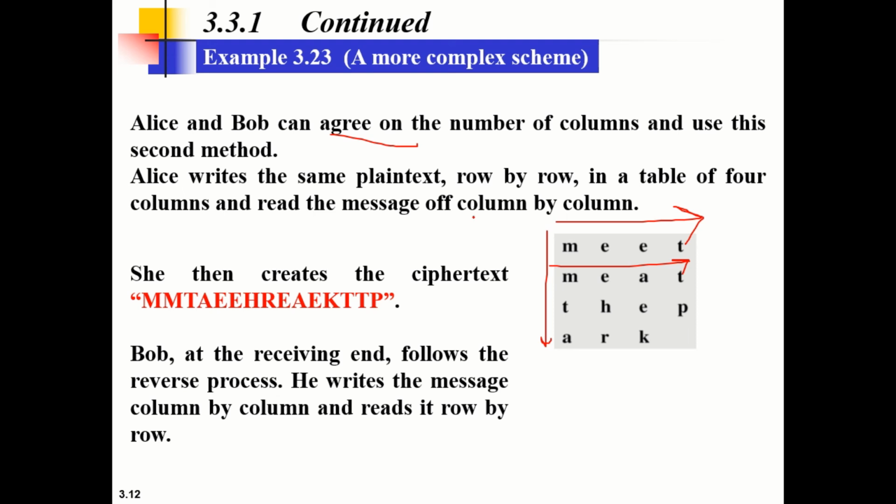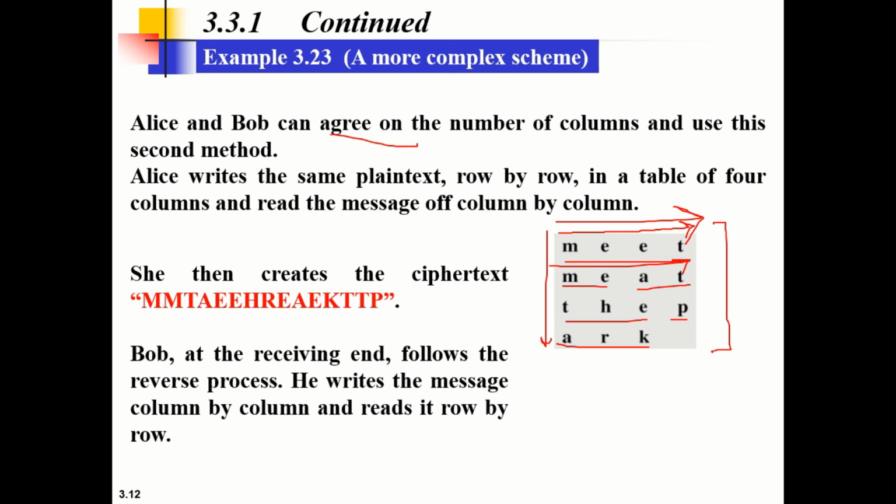So the same message we had, meet me at the park. What we have done over here is we have written the message row by row. So this is meet me at the, so here this is P and this is park. So this matrix we have got.